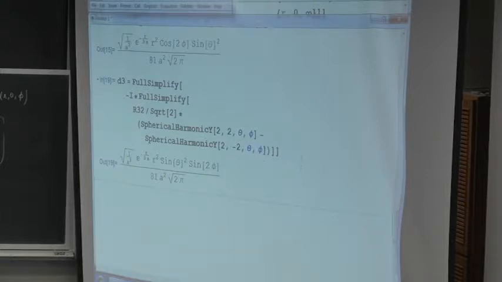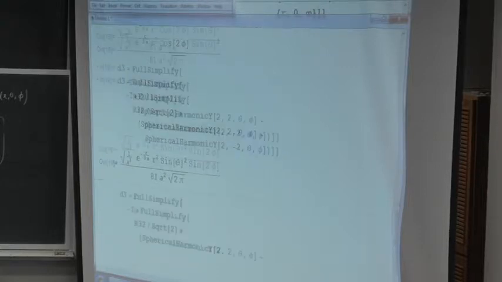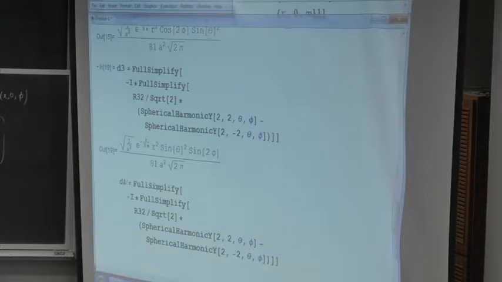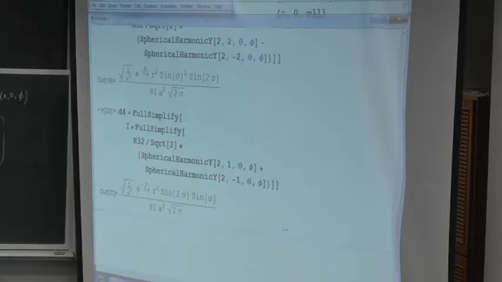Okay, now let's do d4. d4 is the same thing with the plus iota, spherical harmonic 2, 1, plus the other one. Right, I get d4.